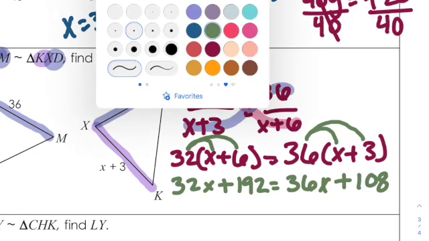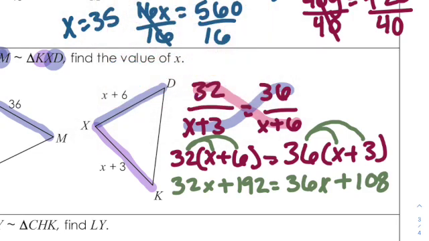Then we start combining like terms, solving for x. Again, if it helps you, draw a line through the equal sign to show what is on which side. I always move my smaller x to my larger x. So we had 32x and 36x. My 32x is the smaller one, so I'm going to move that to the 36x.